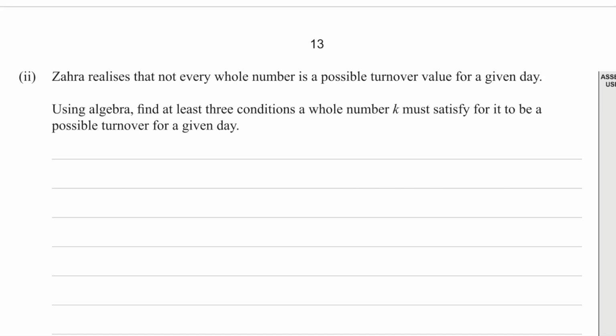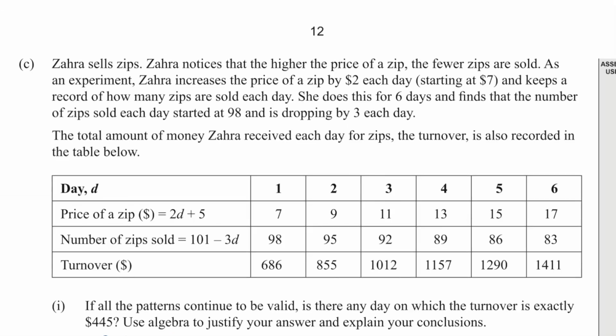But now we need to help her out some more and find 3 conditions, a specific whole number or a subset of whole numbers, that a whole number must satisfy for it to be a possible turnover. For example, we know that a turnover of $686 is valid because that happens when day is 1. Likewise, if the turnover was 855, that's also valid.